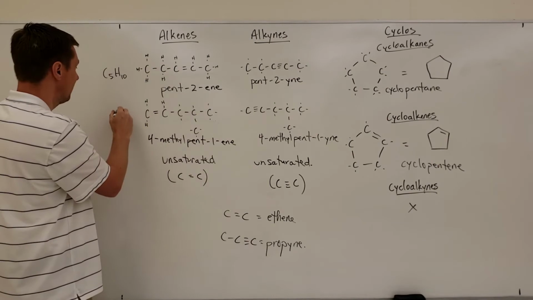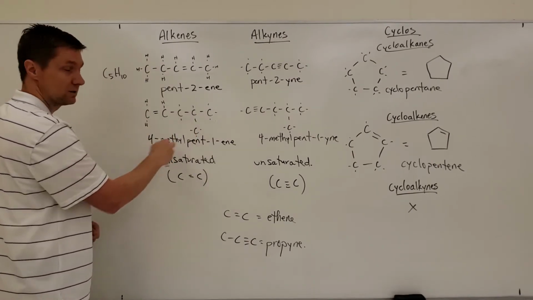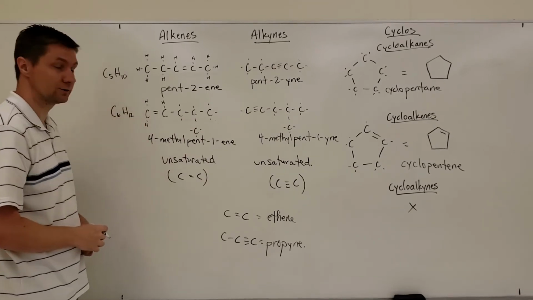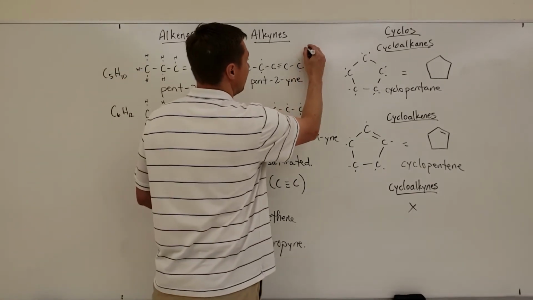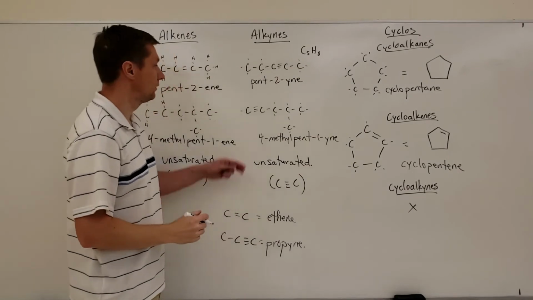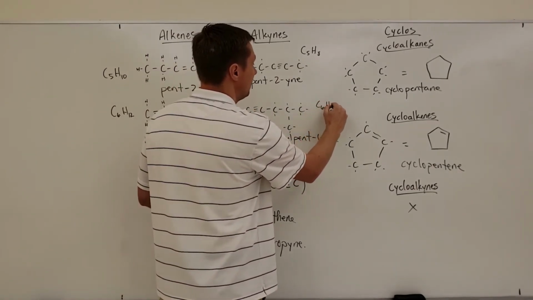This one right here, again, same thing, except it's got 6 carbons with this methyl branch. This would be C6H12 if you count all of those. This right here would be C5H8, and this one right here would be C6H10.